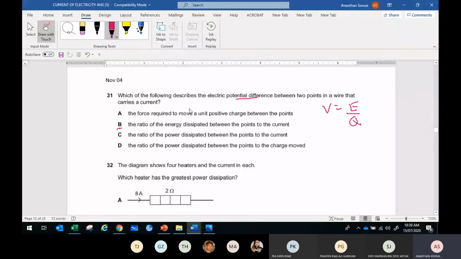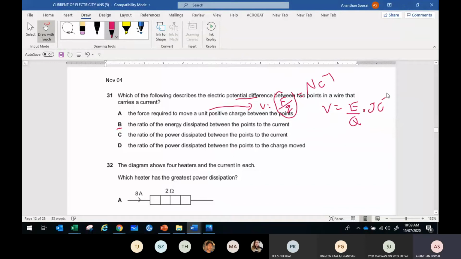Okay, so first, let's go one by one. A: force required to move a unit positive charge between the points. According to A, they say the voltage is force per unit charge. Force per unit charge is actually newton per coulomb. Voltage, what is the unit?